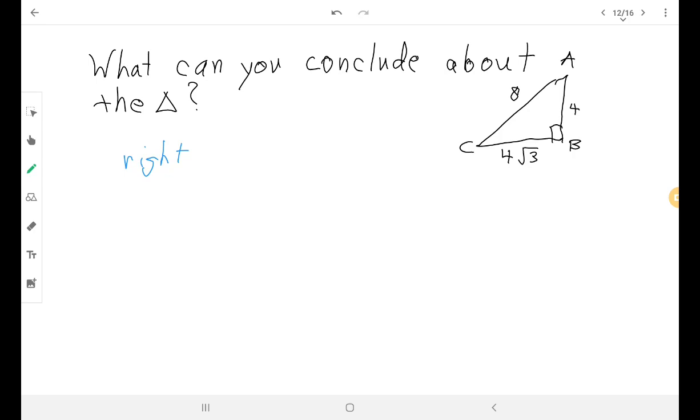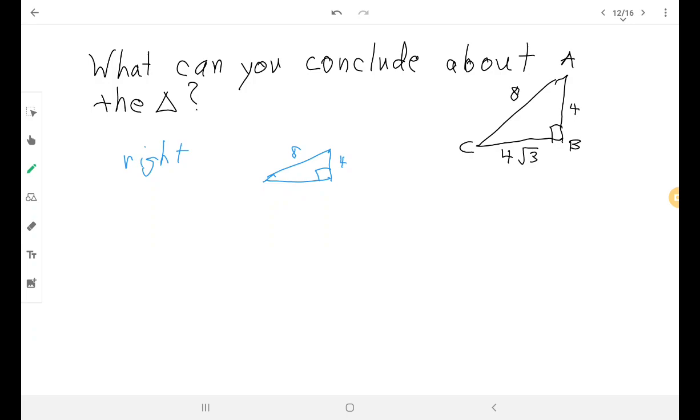If it's a right triangle, trigonometry applies. However, I want to point out something. Let me reproduce this triangle. I'll make it a little bit smaller. So I've got a 4 here and an 8 here.